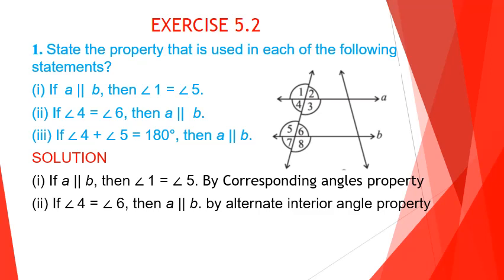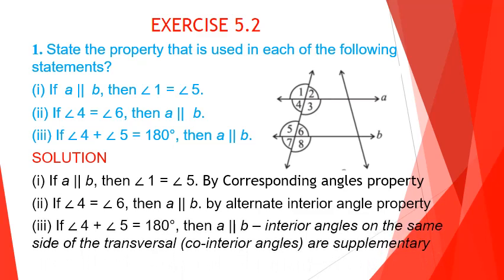Now the third part, angle 4 plus 5 equal to 180 degrees. Where is the position of angle 4 and 5? They are the interior angles which lie on the same side of the transversal.